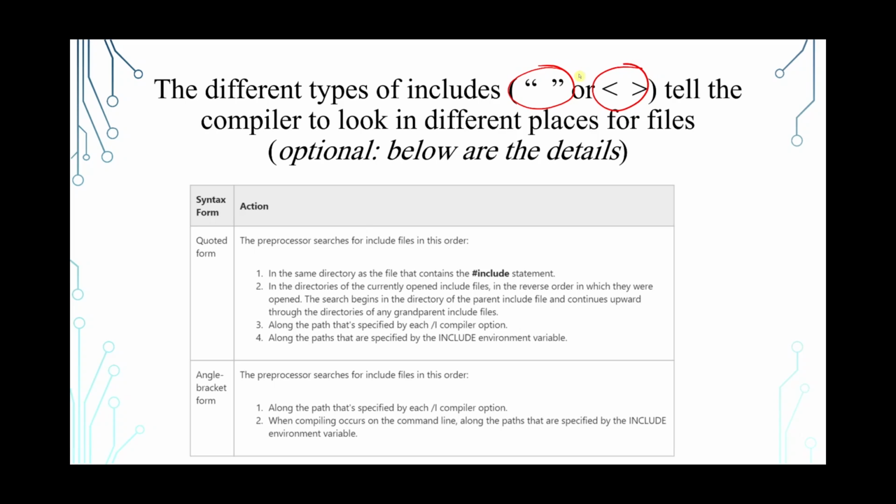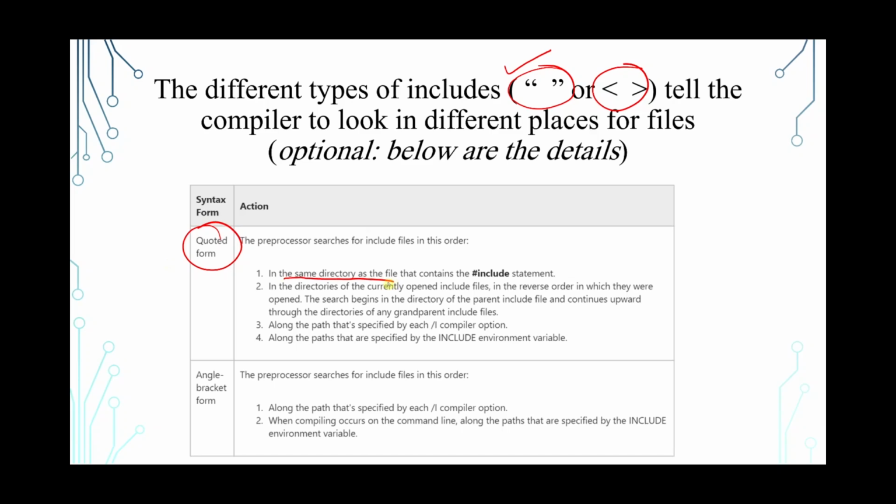Now, you may have seen this type of file in Visual Studio 2017: we have stdafx.h in double quotation marks, or in the newer compilers of Visual Studio 2017, pch.h.